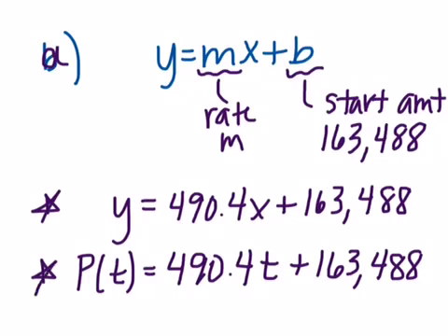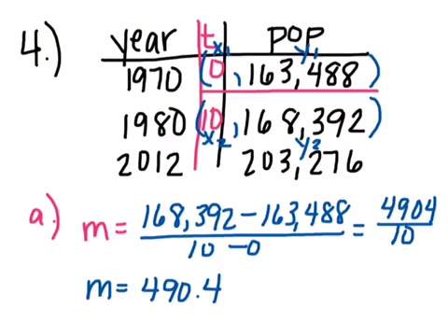Perfect. Now for part B, it says if this model is used to predict the population in 2012, will the model overestimate or underestimate? So I'm going to flash back to our table. We need to figure out what our t would be here. So if we do 2012 minus 1970, that gives our t as 42.